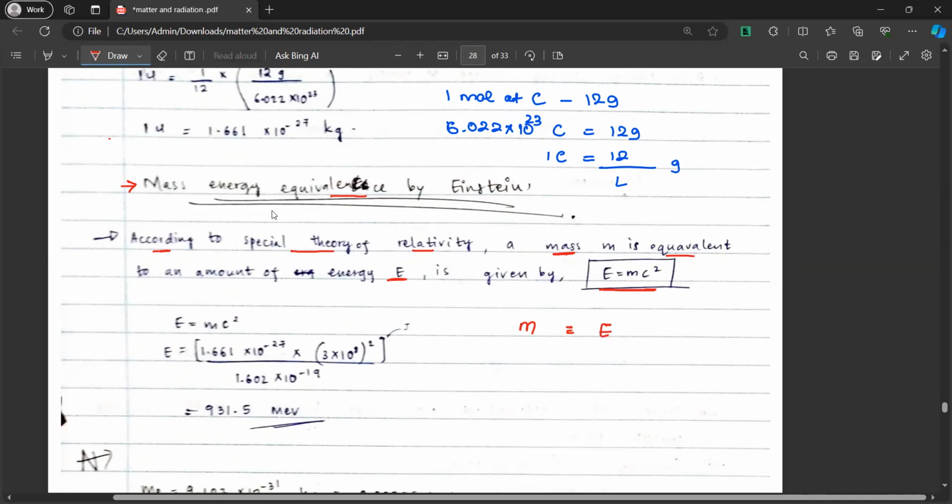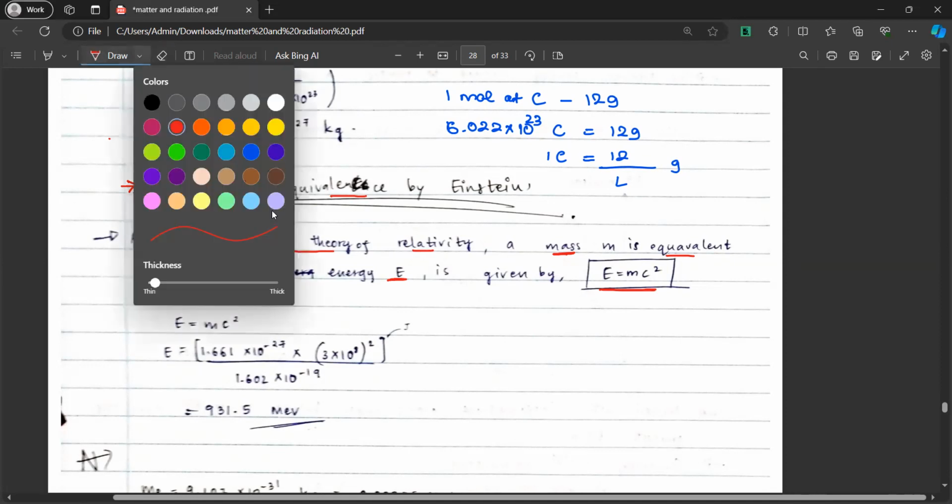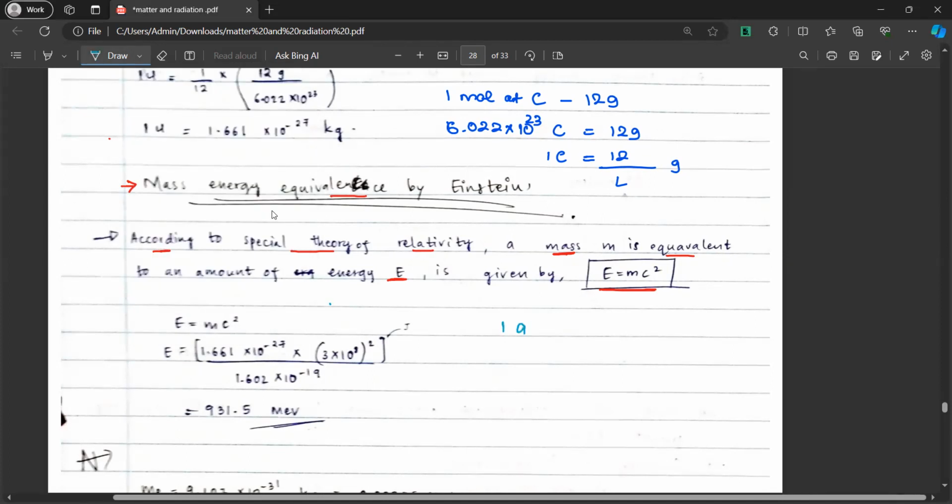So that equation is E is equal to mc squared. So let's try to find out what is the energy of 1 AMU. How much is 1 AMU identical to in terms of energy. So we have the equation E is equal to mc squared.